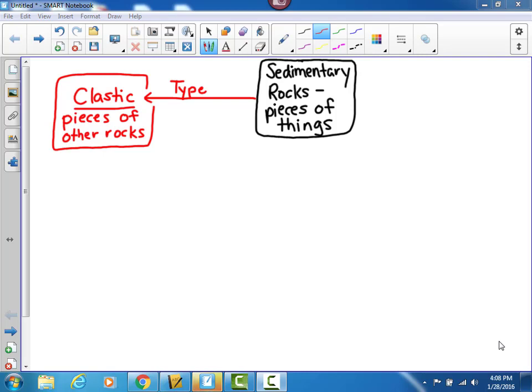There are 3 clastic sedimentary rocks that you will see in your lab, and we distinguish between them based on the size of the pieces they're made of, and that's called grain size. So we'll start with the largest one. The rock that you will see with the largest grain size is called conglomerate.